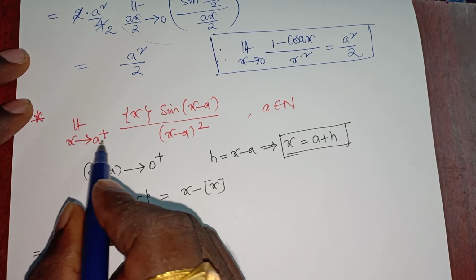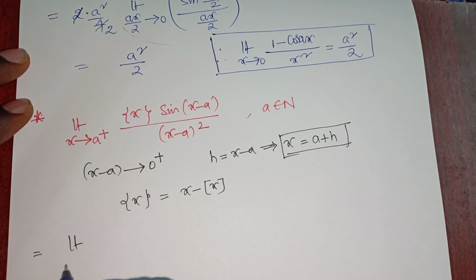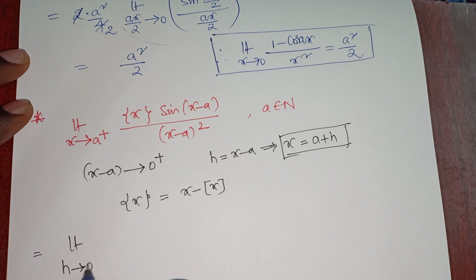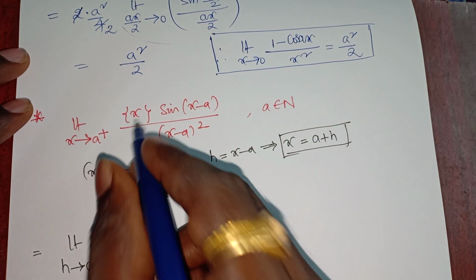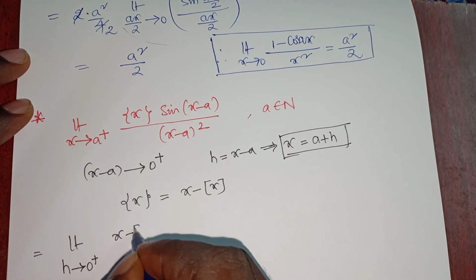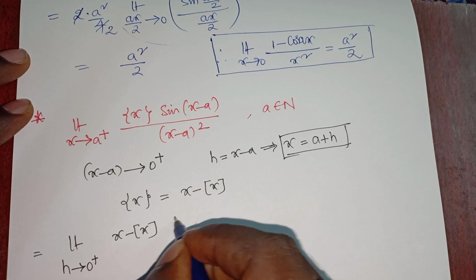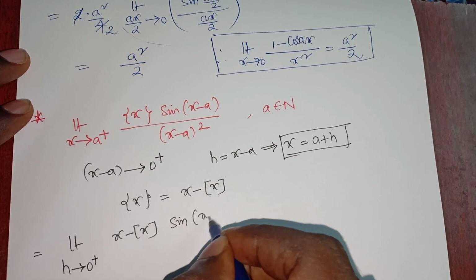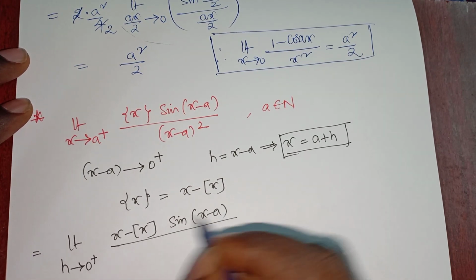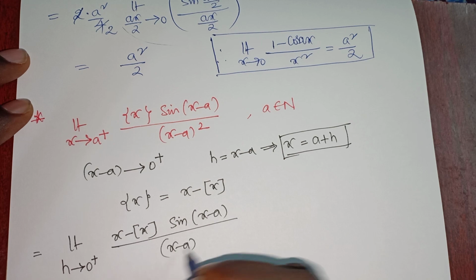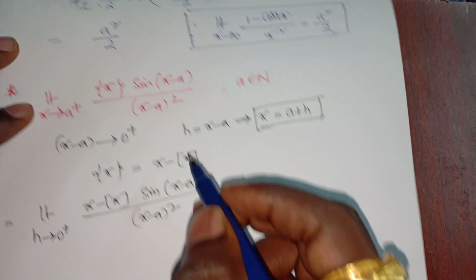Now limit x tends to a plus can be replaced with h tends to 0 plus, fractional part of x, that is x minus [x], into sine of (x minus a) by (x minus a) whole square, and x minus a is what? h.